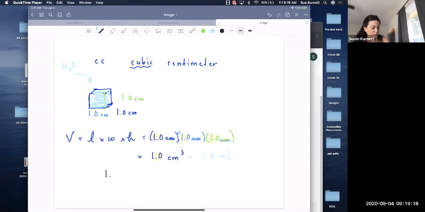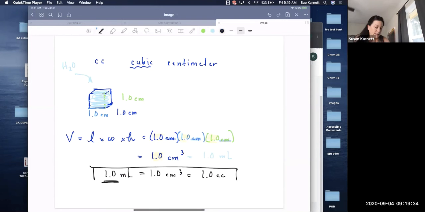So 1 milliliter, and I'm showing it with 2 sig figs, but it does not matter. 1,000th of a liter is equal to 1 cubic centimeter, which is sometimes written as a cc. This is a relationship that you're just going to need to know.